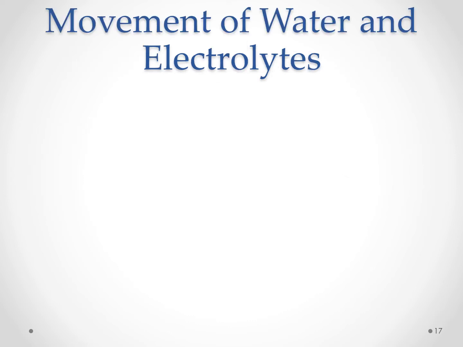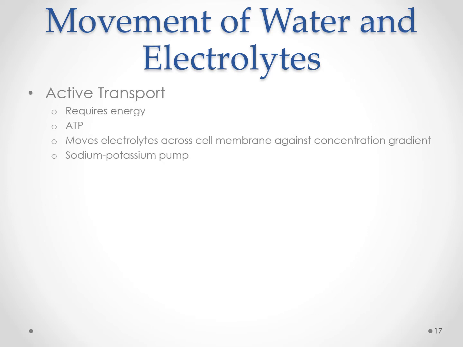Movement of water and electrolytes. Active transport requires energy. ATP moves electrolytes across the cell membrane against the concentration gradient. The sodium/potassium pump: think of this as your water pump.